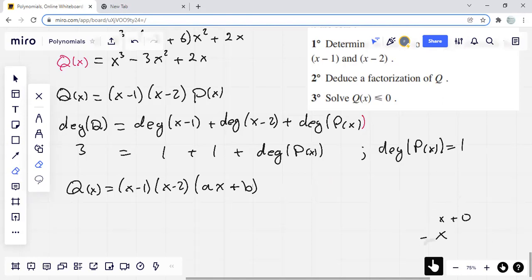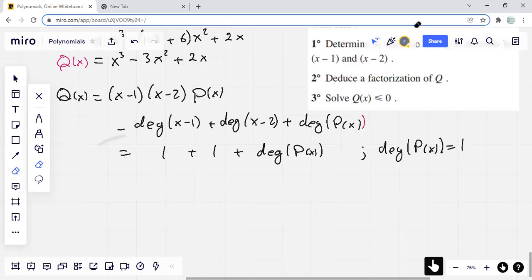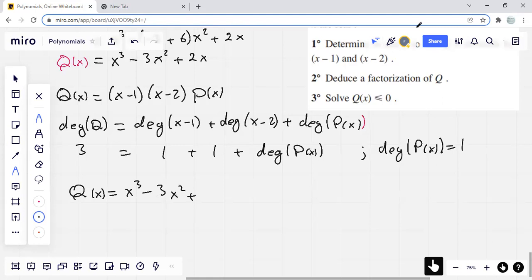Okay, we can directly deduce because there is no constant term, even without talking about the degrees. Okay, even without mentioning the degree at all. But we know that the degree is 1. So q of x is x cubed minus 3x squared plus 2x.